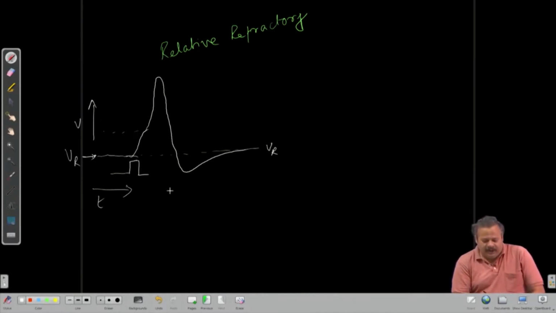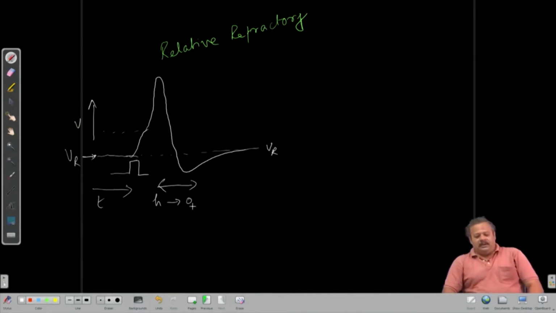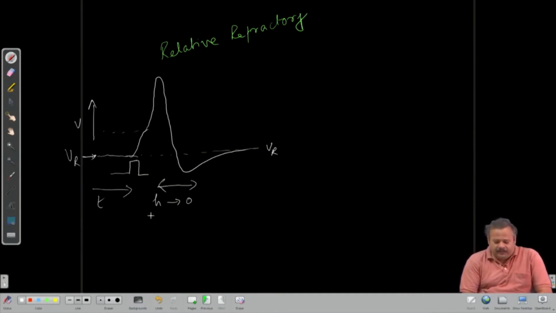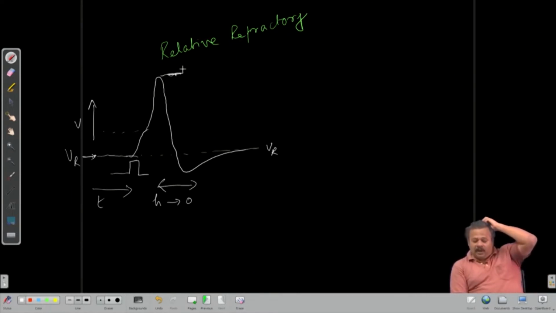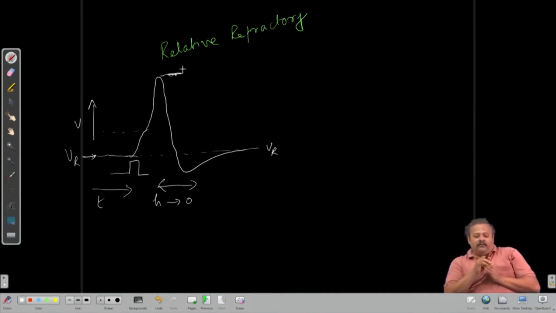So, in this intervening period H has gone to 0, that is, the sodium channels are inactivated. So, remember, when the voltage goes up high here, H time constant also reduces from the tau H V curve, and also the value of H at the high voltages goes towards 0.